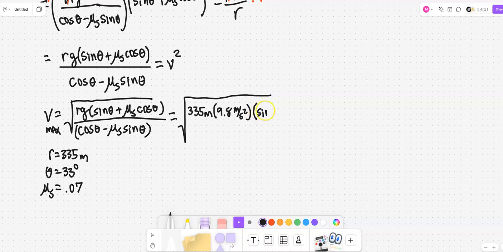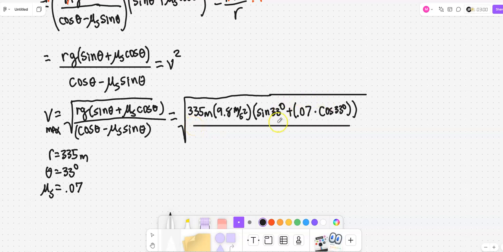times, this is one quantity together, the sine of 33 plus, in parentheses, 0.07 times the cosine of 33 degrees, in double parentheses, over cosine of 33 degrees minus.